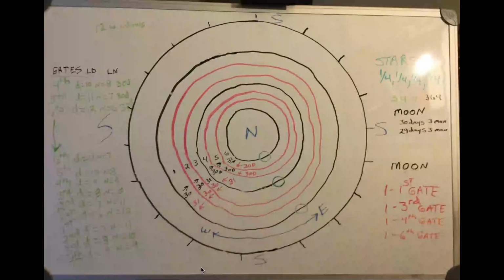Also in the Book of Enoch, he explains the size of the sun and the moon. And as he explains them, they are of the same dimension and the same size. I would recommend reading the Book of Enoch.